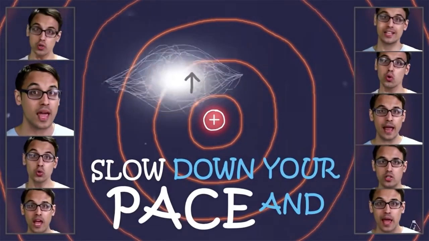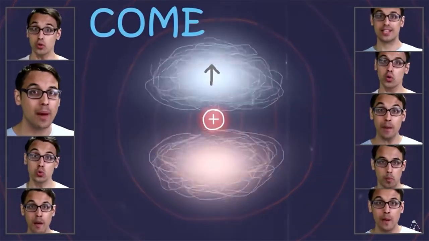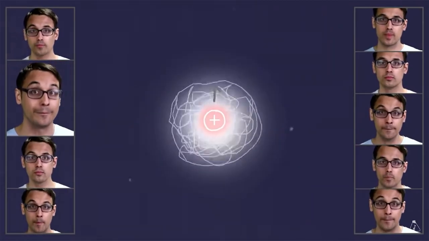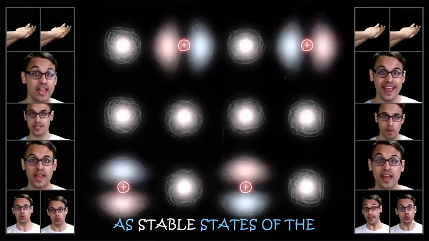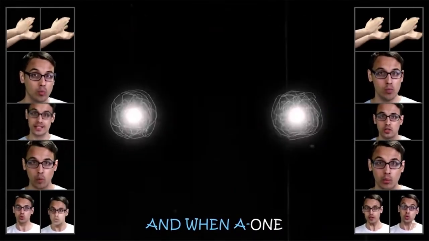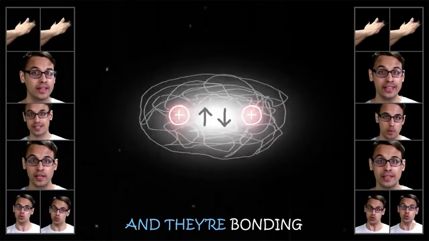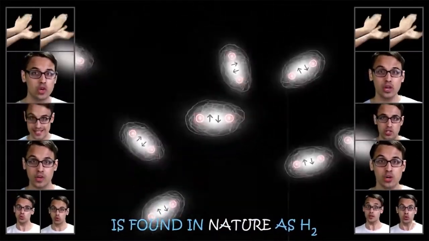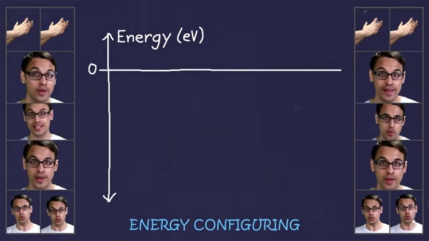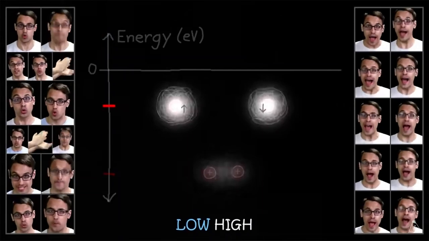Slow down your pace and put that orbit on me. Come on now, follow my lead. Come on now, follow my lead. Orbitals take shape, they do. The stable states of the quantum rules. And when a quantum approaches two, they combine in the bonding. Because hydrogen has a rule. It's by nature as a true energy configuring a molecule. Atomic bonding.